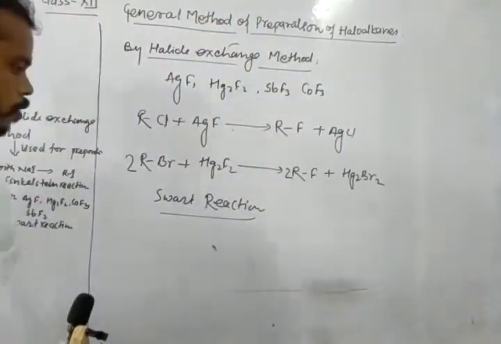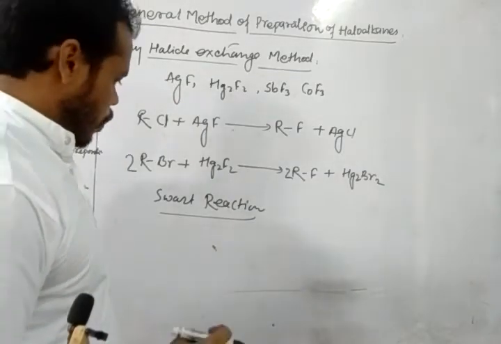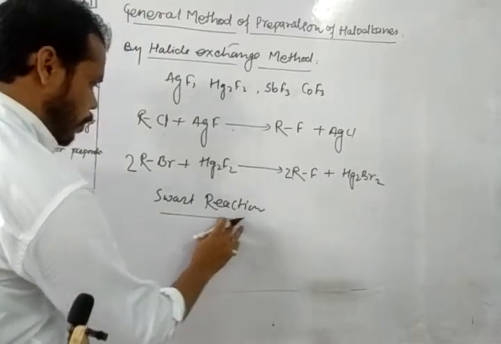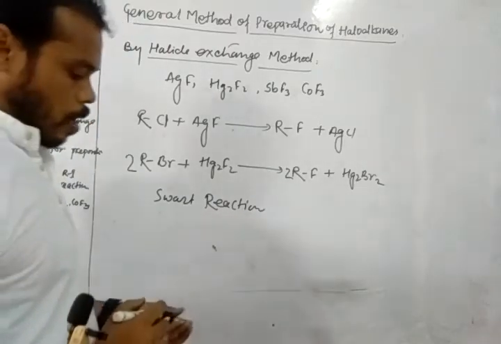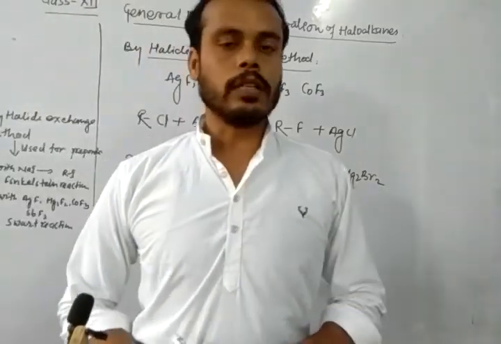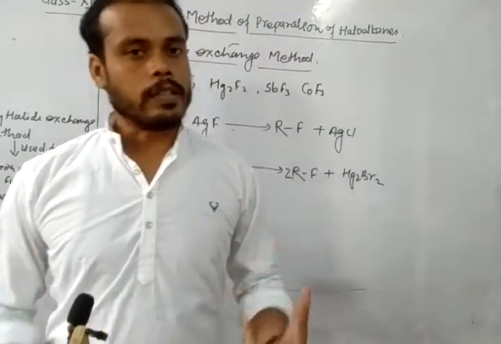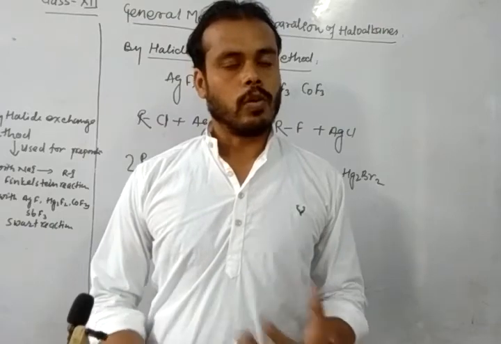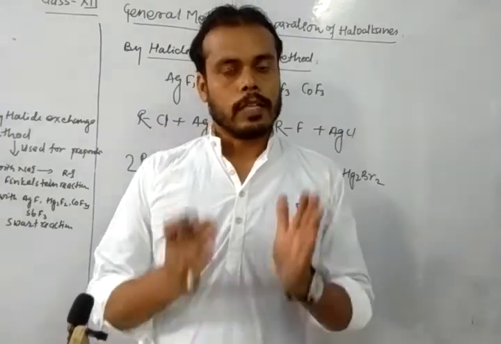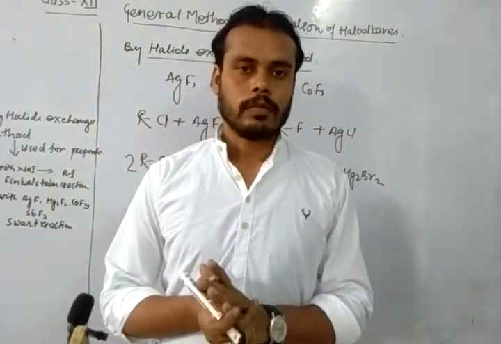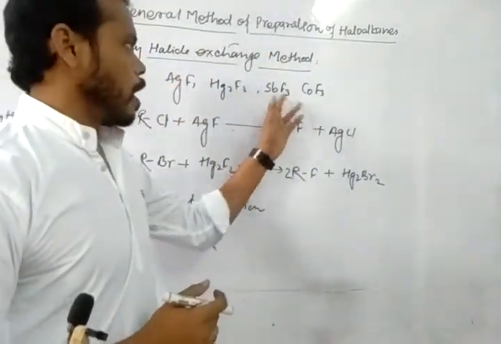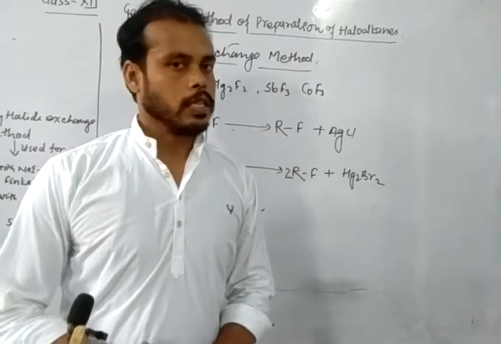Now one very important thing to keep in mind. In the case of an organic compound having 2 or 3 halogen atoms, chlorine or bromine, on the same carbon atom, in this situation cobalt trifluoride or antimony trifluoride is used.